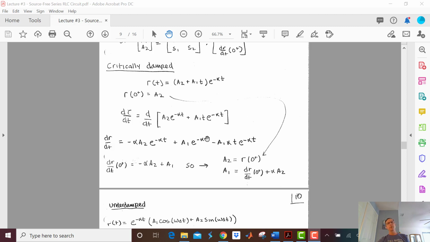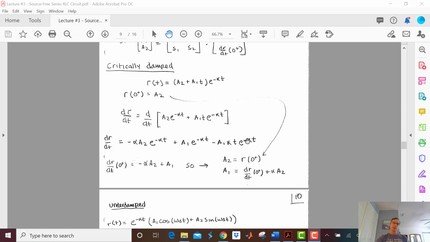You know how to use the chain rule, but we end up with two terms here. And now let's substitute 0 into our expression. Minus A2, with t equals 0, I just end up with minus alpha A2, and then plus A1, and this t is going to make this term equal to 0.